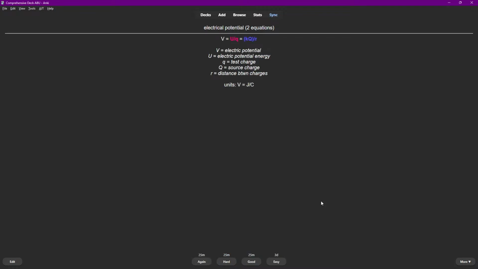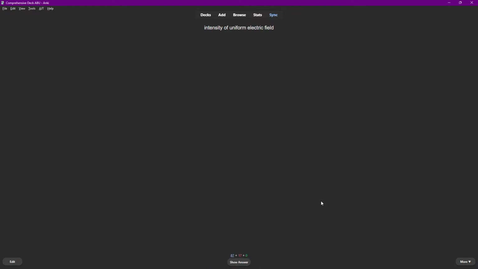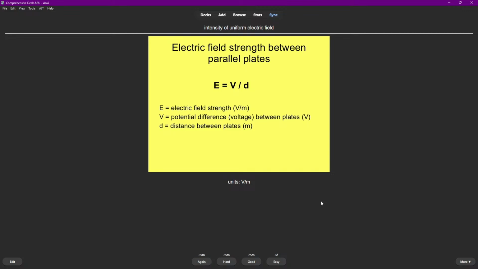Voltage equals U divided by Q, KQ times R. I knew those equations. Intensity of a uniform, I is equal to voltage times distance.